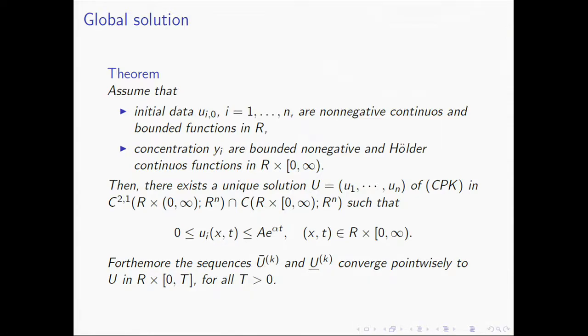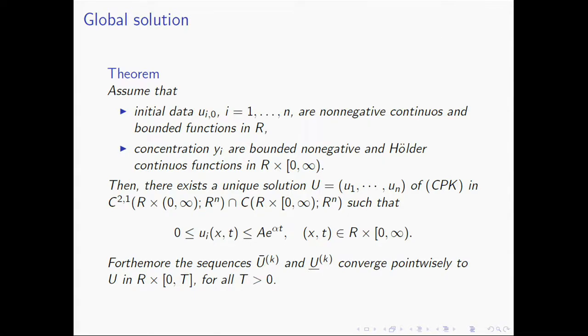For the global solution, the same hypotheses: the initial conditions are non-negative, continuous, and bounded functions on R, and the concentrations are bounded, non-negative, and Holder continuous functions in this set.